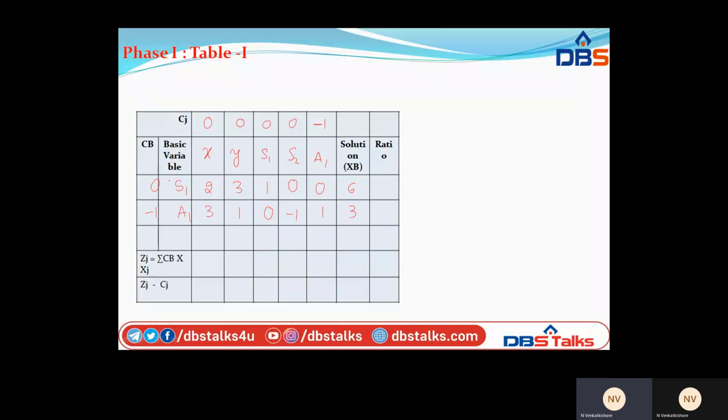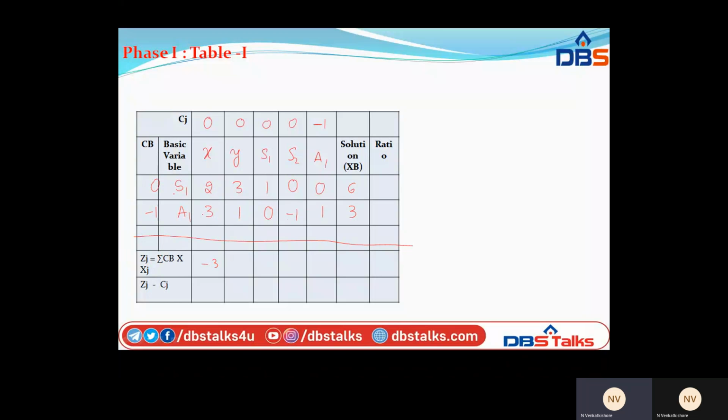In the same way, you find ZJ. After that, we have only 2 constraints, so there is no need of this row. And then finally, ZJ minus CJ. So what is the ZJ value? Multiply: 2 into 0 plus 3 into minus 1. What is the value? Minus 3.